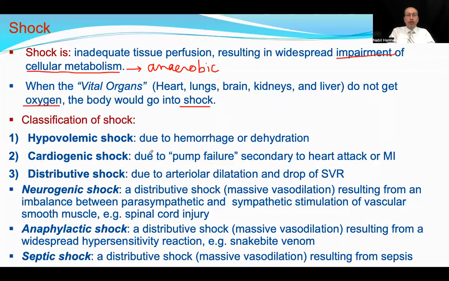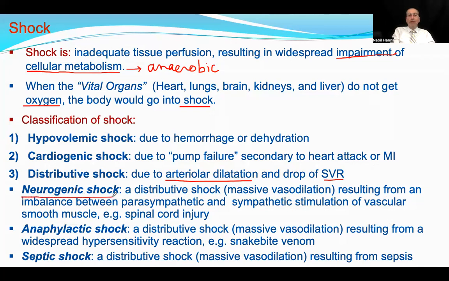So hypovolemic shock due to hemorrhage or dehydration, cardiogenic shock due to pump failure secondary to heart attack, MI, or severe decompensated heart failure, distributive shock due to arteriolar dilatation and drop of the systemic vascular resistance. What can do this? Neurogenic.